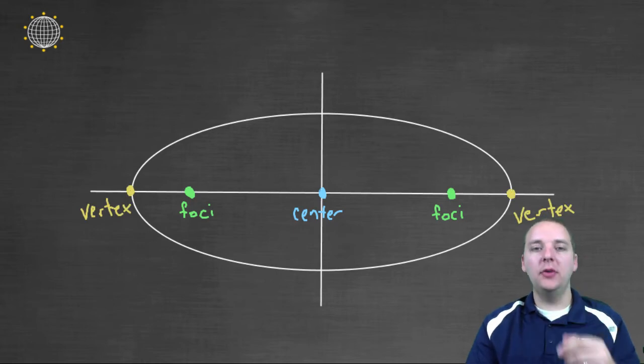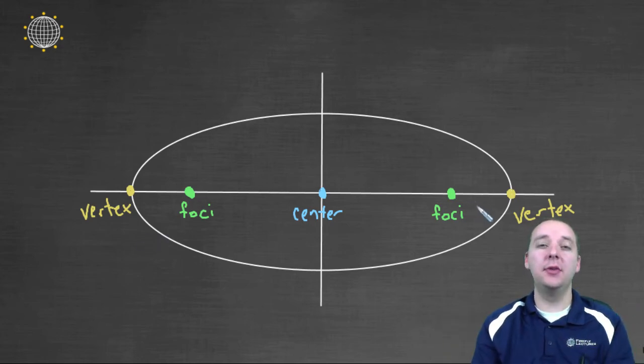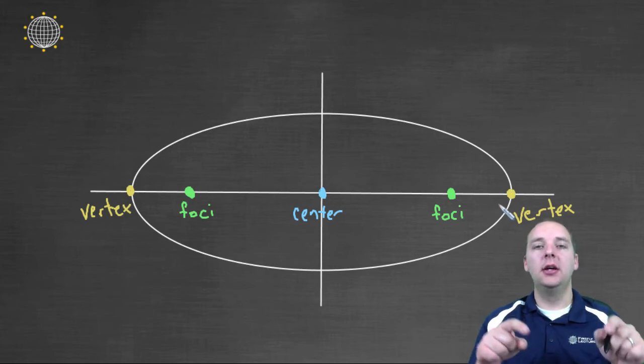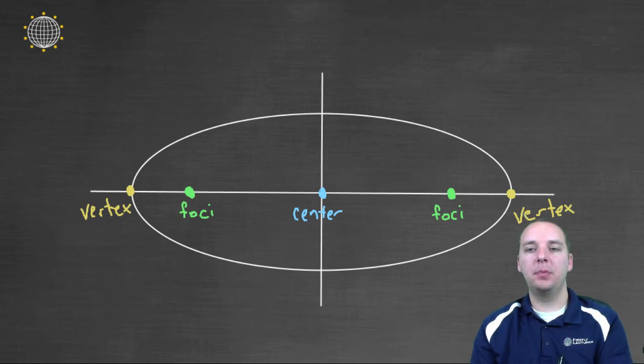Now, beyond the foci, on the outer edges of the longest edge of the ellipse, you have what are called the vertices. You have a vertex on each side. Same as the vertex for a parabola, only you have two vertices because it's an ellipse. It's enclosed. So this is a vertex and this is a vertex. And remember, they are on the longer of the two sides.